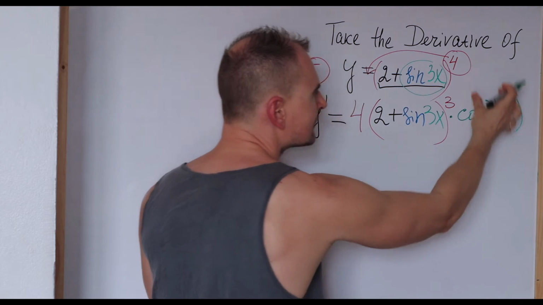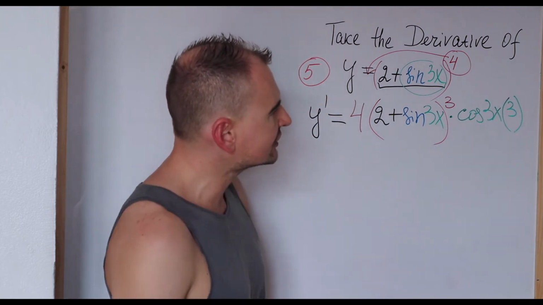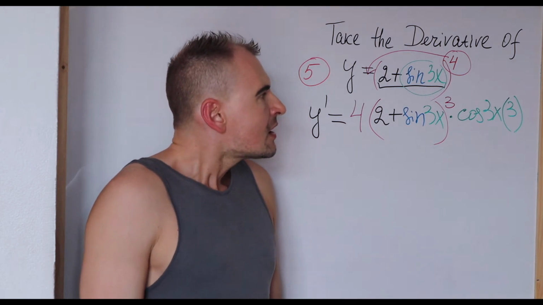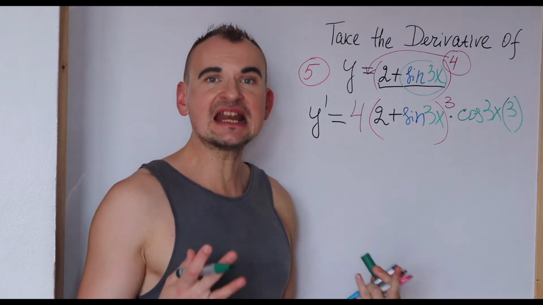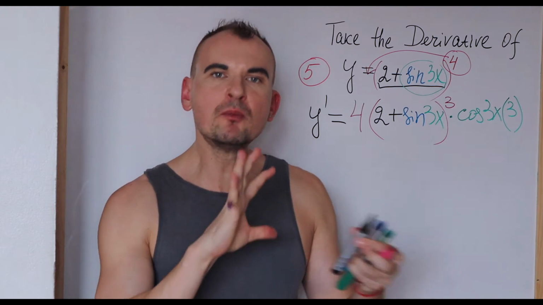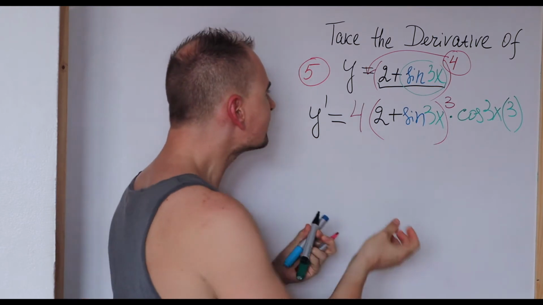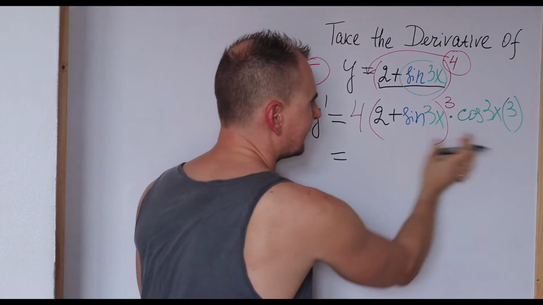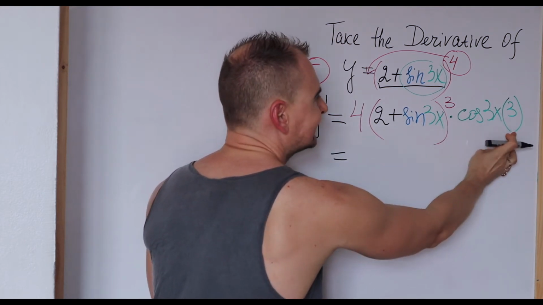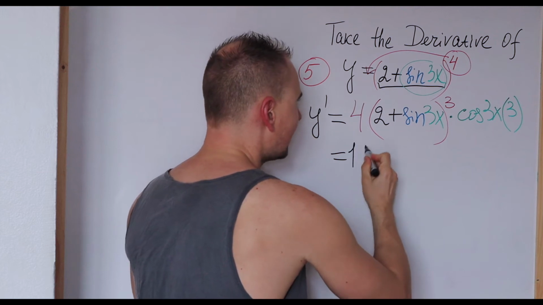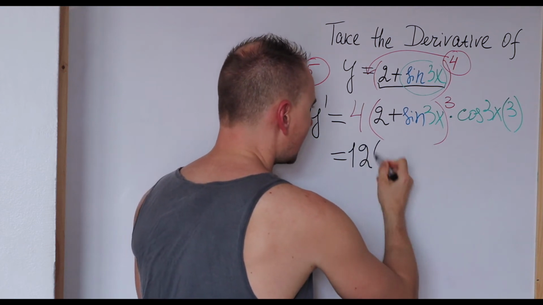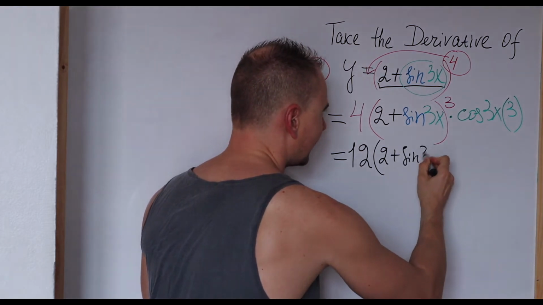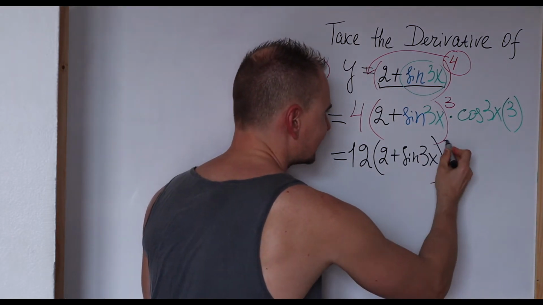And I'm going to draw the parentheses in order to not confuse it with the argument of cosine. And basically, we're done. It's supposed to be in a more neat and compact form. So in order to get this, we want to combine like terms. 4 times 3 leaves you with 12. So you want to rewrite your expression, 2 plus sine of 3x cubed, as this.